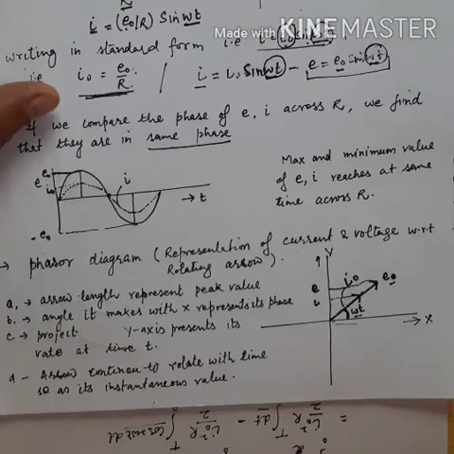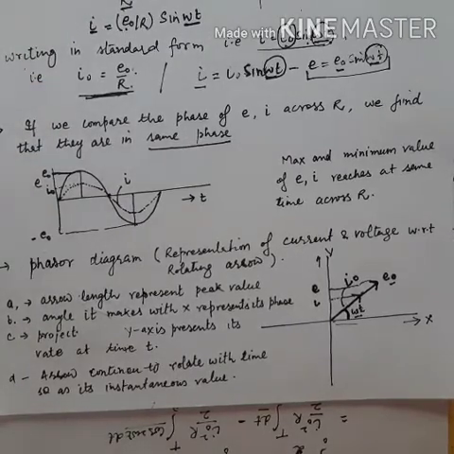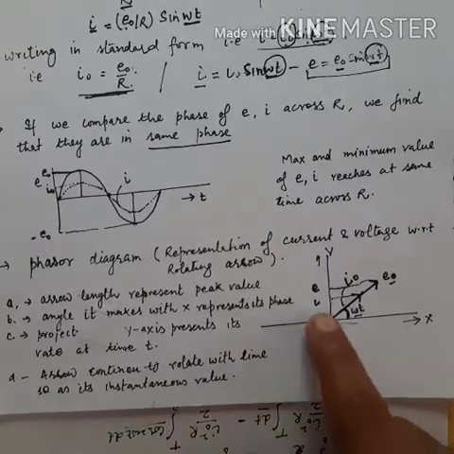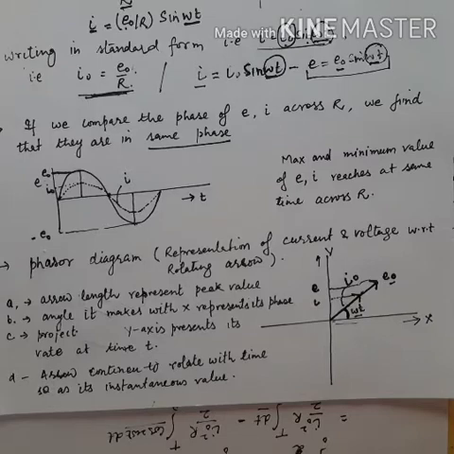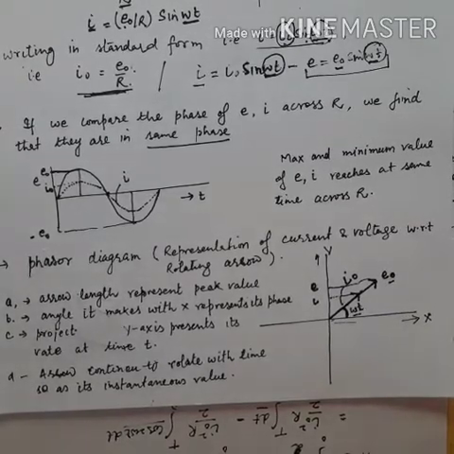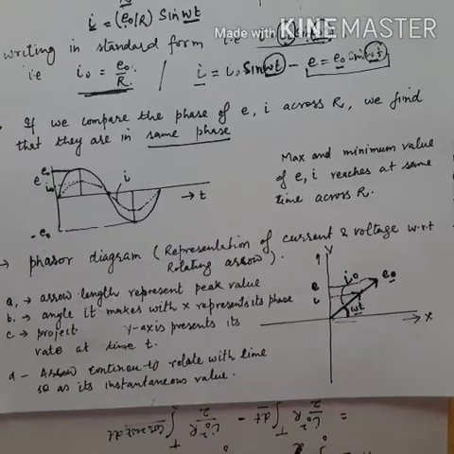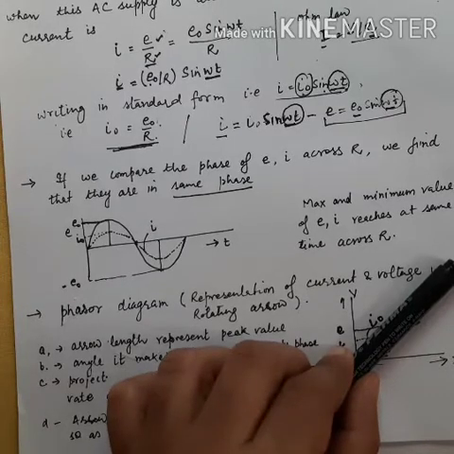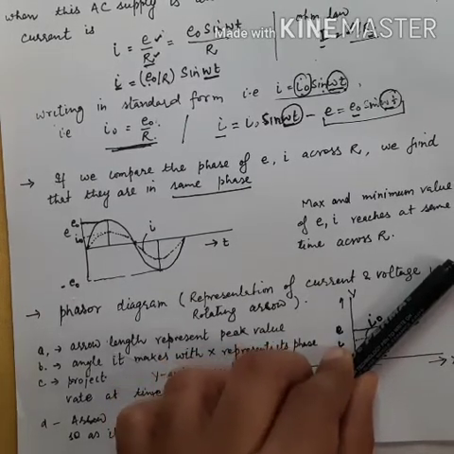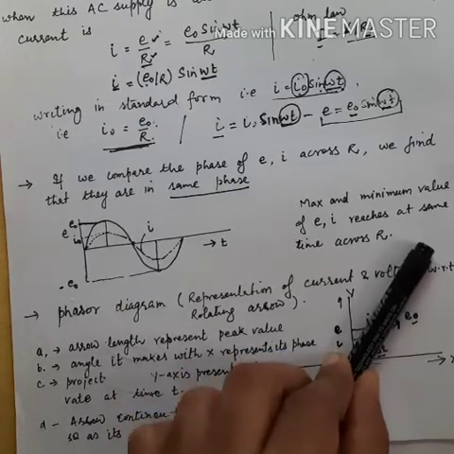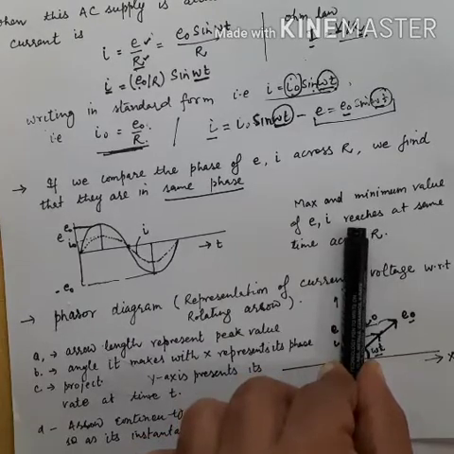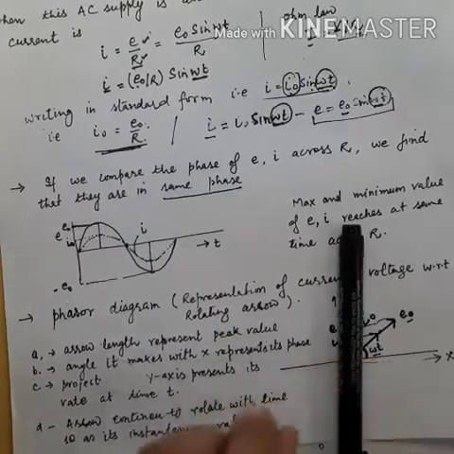As these arrows rotate, the instantaneous values keep on changing, and we get a different value of alternating voltage at different times. Here, this pen is along the direction of the arrow. With passage of time, this arrow keeps on rotating, and the projection on the y-axis also keeps on changing.